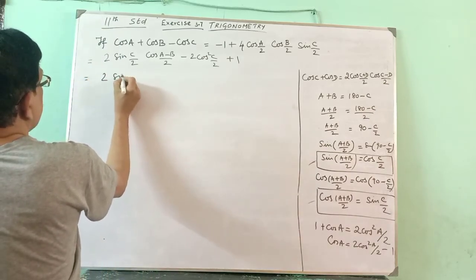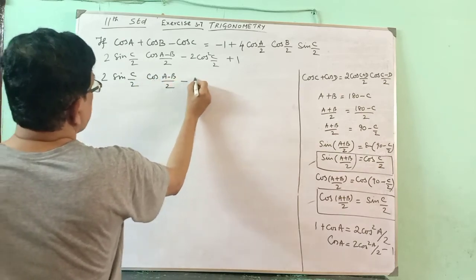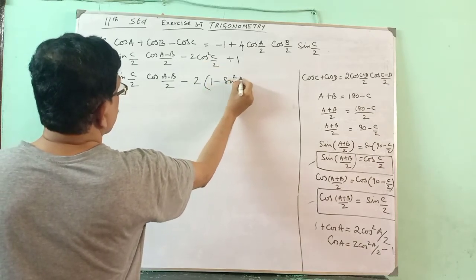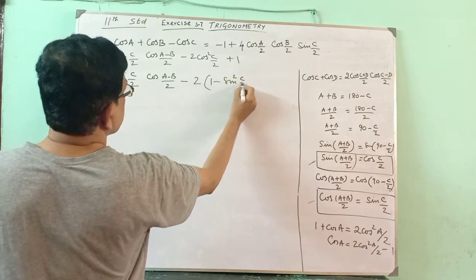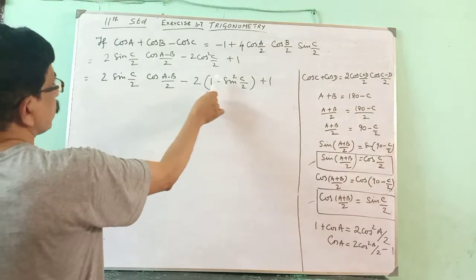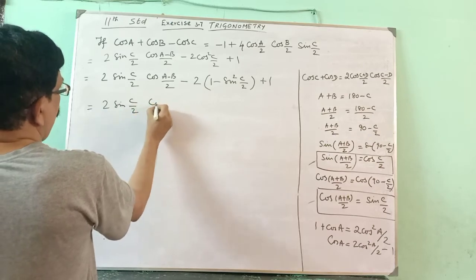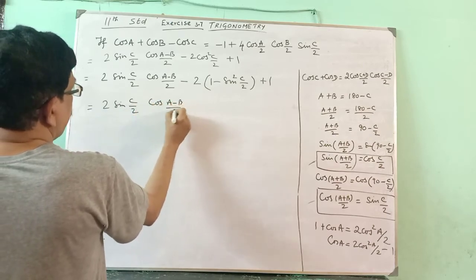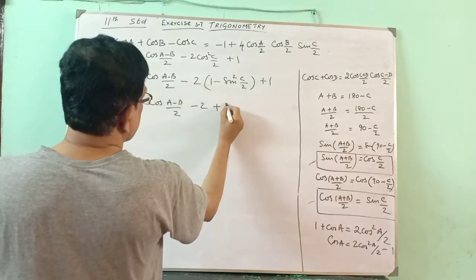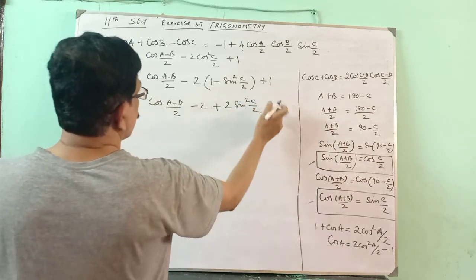Using the formula cos² c/2 = 1 − sin² c/2, this becomes 2 sin c/2 cos (a−b)/2 minus 2 times (1 − sin² c/2) plus 1, which gives plus 2 sin² c/2 plus 1.